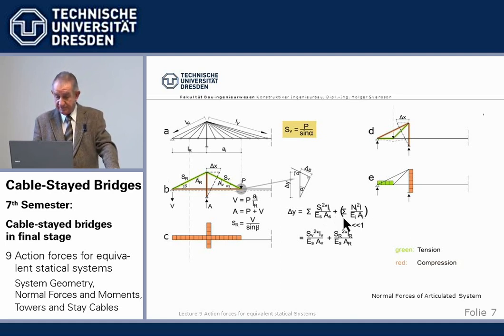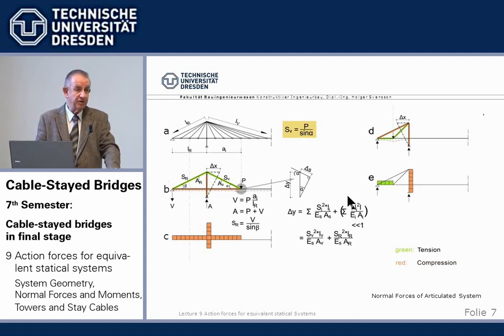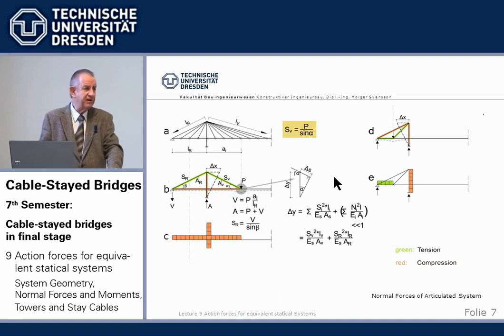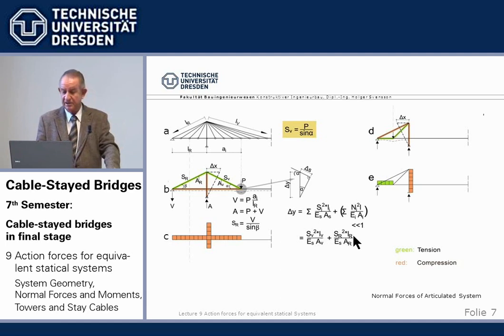Of course, there is also a second term which determines the shortenings of the beam and the tower, but we neglect those as well, because the beam area and the tower area is so much bigger than the steel area, we can forget about it. So with this formula we calculate the forces, and with this formula we calculate the deflections which we will need later. Of course, we have then the cable forces.